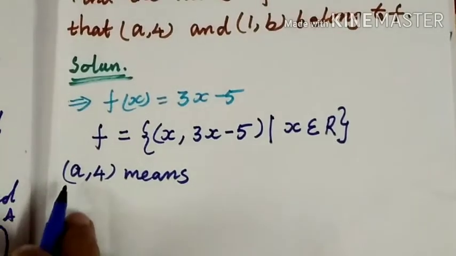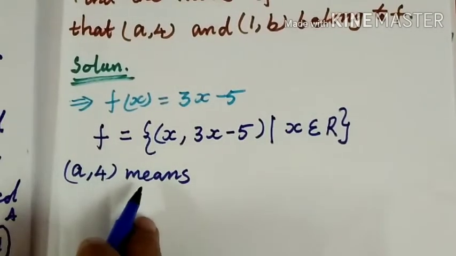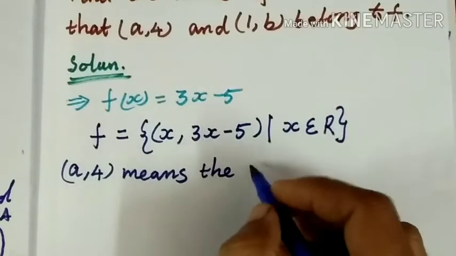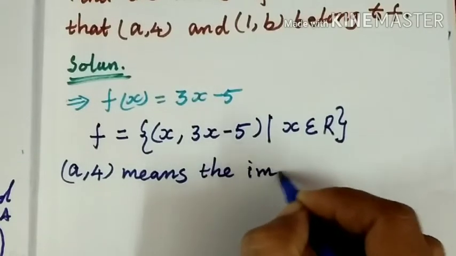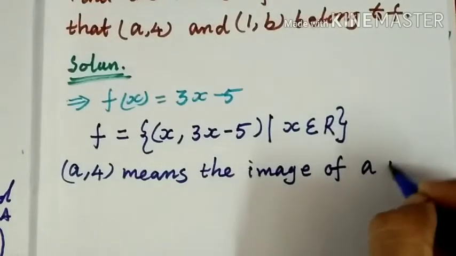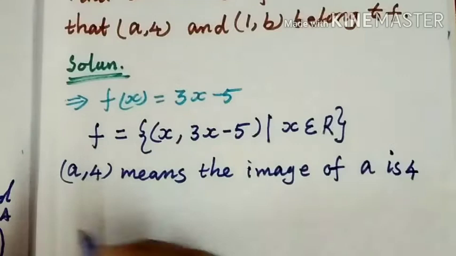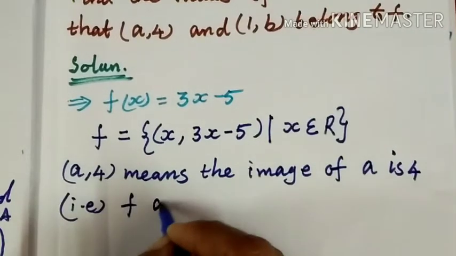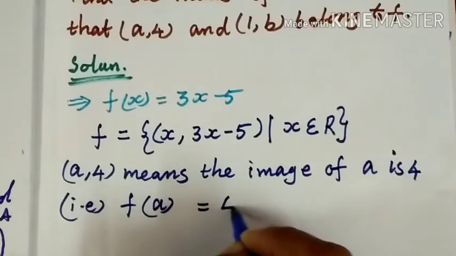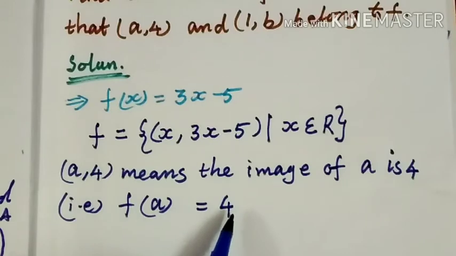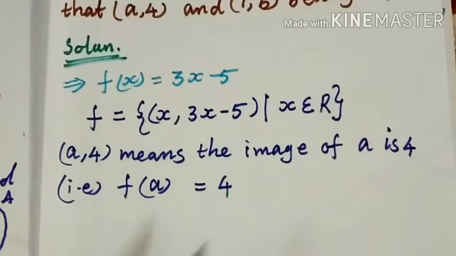Now, the next given is (a, 4). It means the image of a is 4, that is f of a equal to 4. Here a belongs to the x coordinate and 4 belongs to the y coordinate.